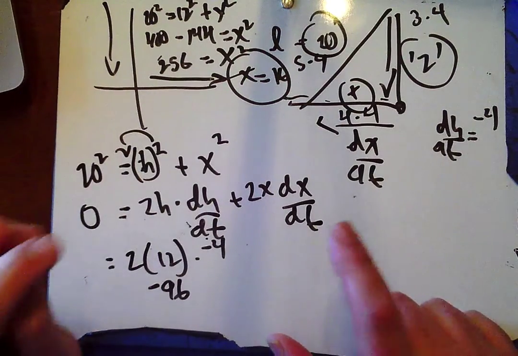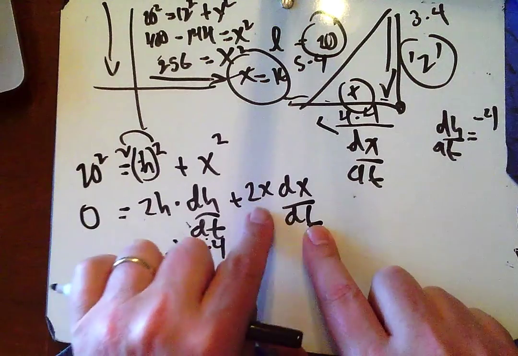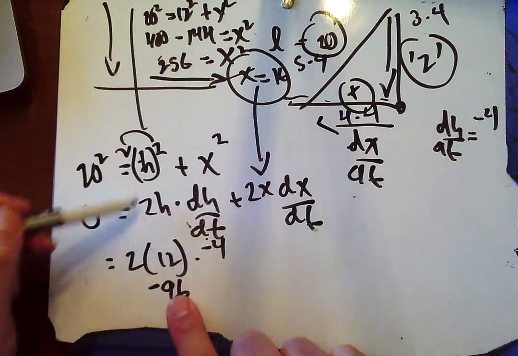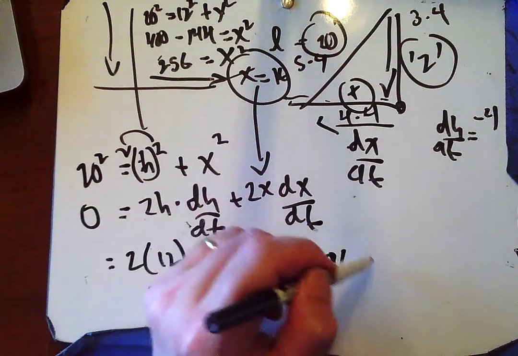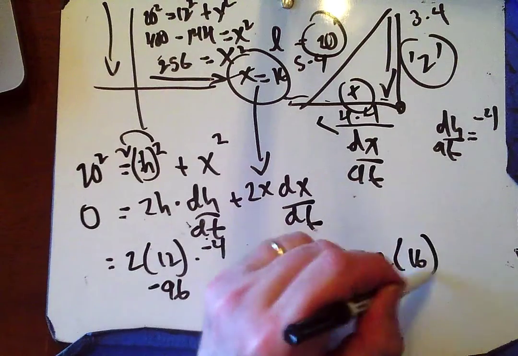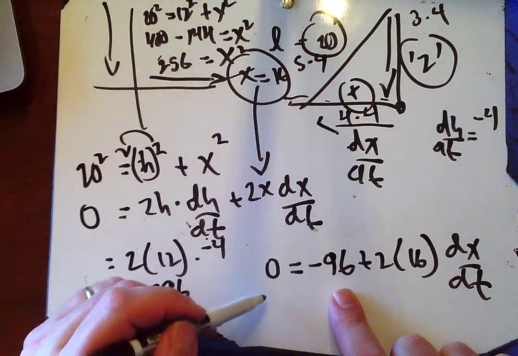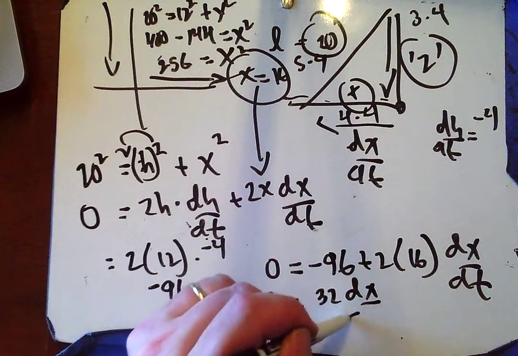But in order to find what dx dt is, I'm going to need to plug in that 16 here, and in addition, this minus 96. So that 0 equals negative 96 plus 2 times 16 times dx dt. I'll add 96 to both sides, 32 dx dt.